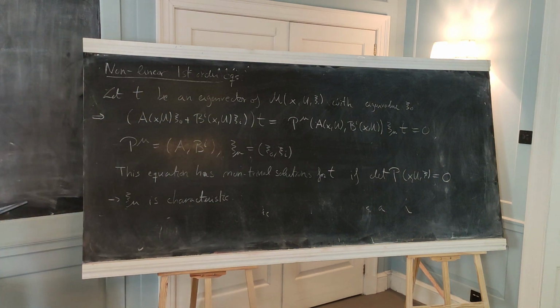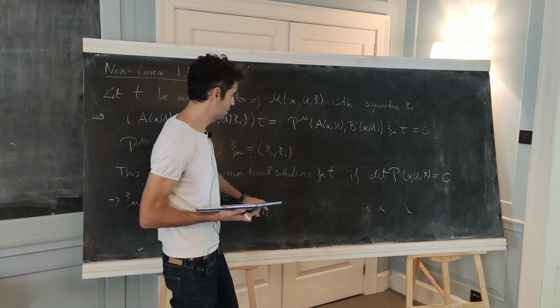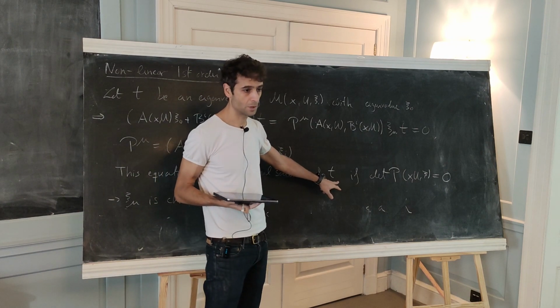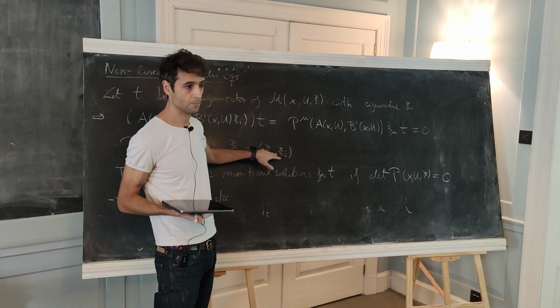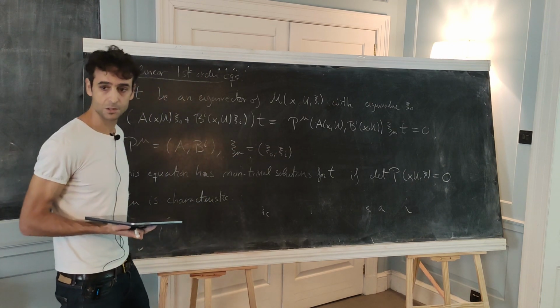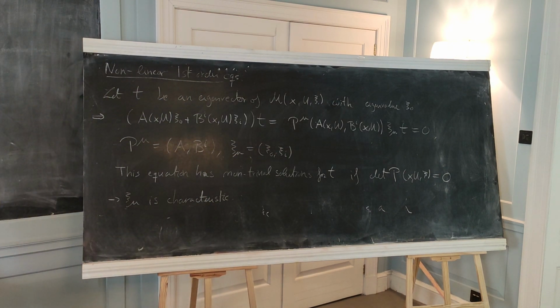So characteristics tell us about the speed of propagation. So basically, the speed of propagation of a mode with this polarization is essentially the ratio between these two. So this tells you about the speed of propagation in the theory.